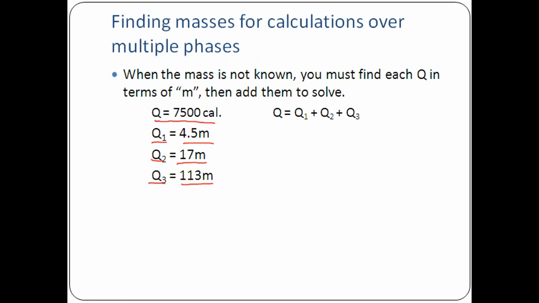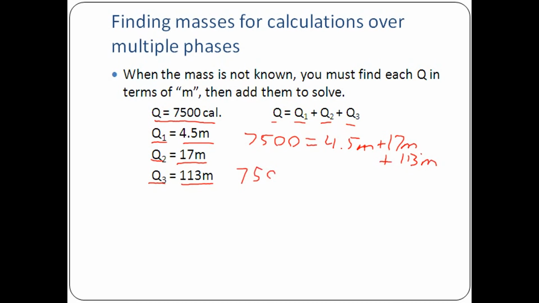Now, since you know that the total heat Q is equal to Q1 plus Q2 plus Q3, you can rewrite this by substituting in all your M's. First thing we know is the total heat is 7,500 in this case. So we've added 7,500 calories, and this equals Q1, which we found was 4.5 M, plus our next one, Q2, which is 17 M, plus our last one, Q3, which is 113 M. Once you've got that, you can add up all your M's on the right side.